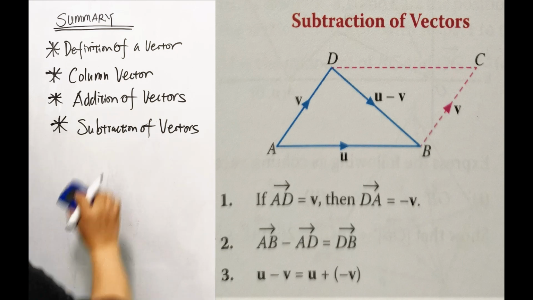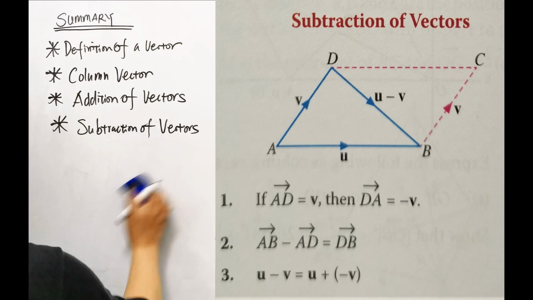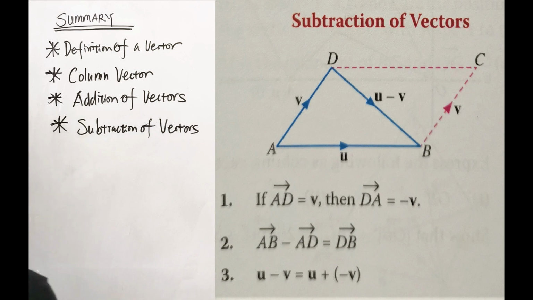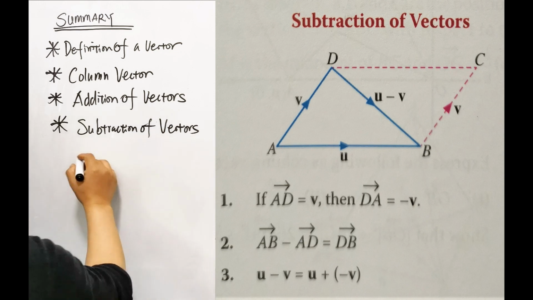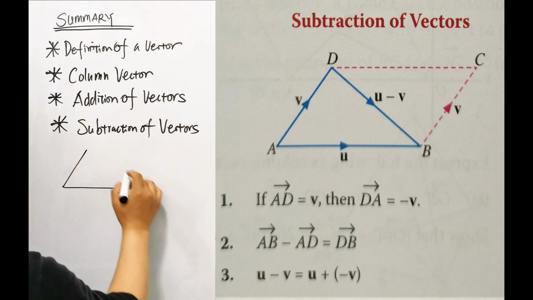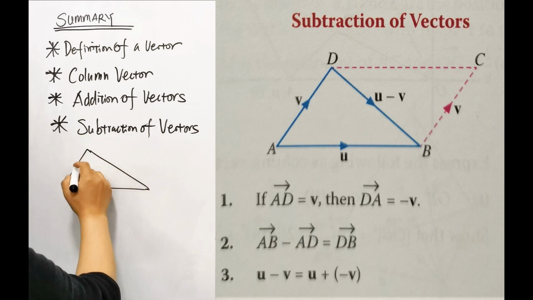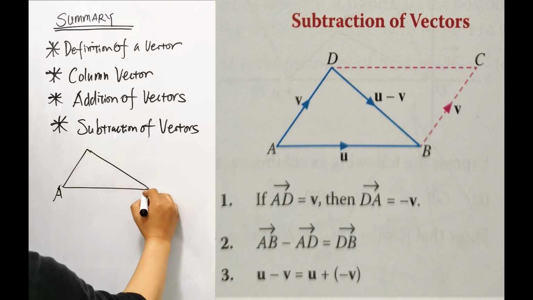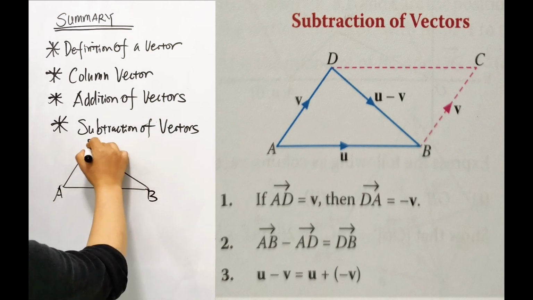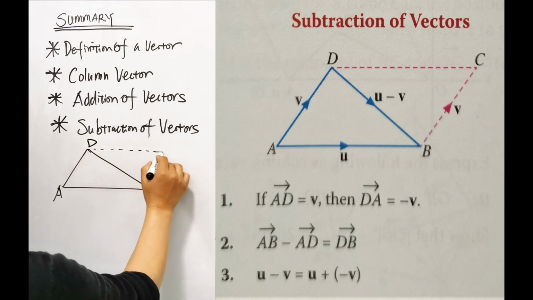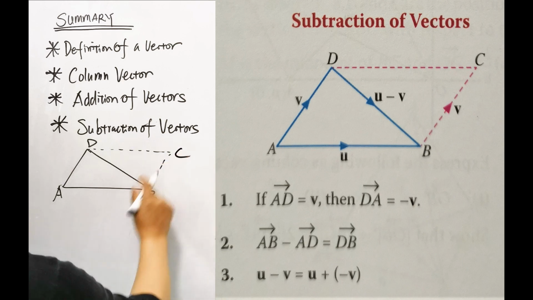Okay, so basically, if we have this line, we have A, we have B, we have D, right? So we also can come to this point here. This is C, right?